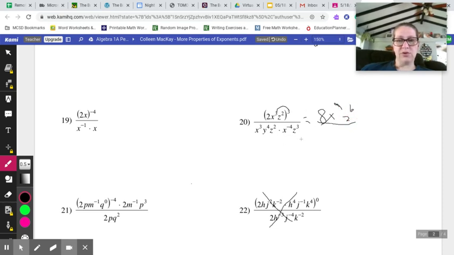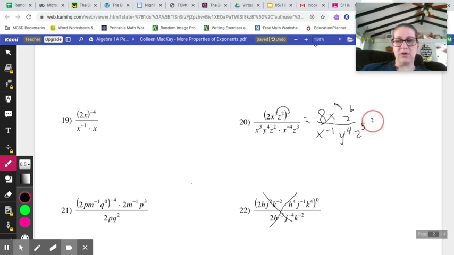Okay, now I'm going to also multiply the ones on the bottom. And remember when we multiply, we add. 3 plus negative 4 is negative 1. Y to the fourth, because there's nothing to combine it with on the other side. And z to the fifth.